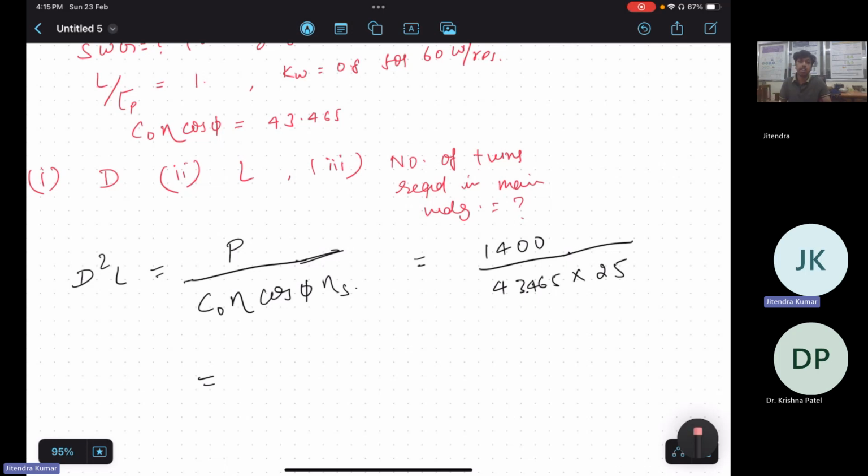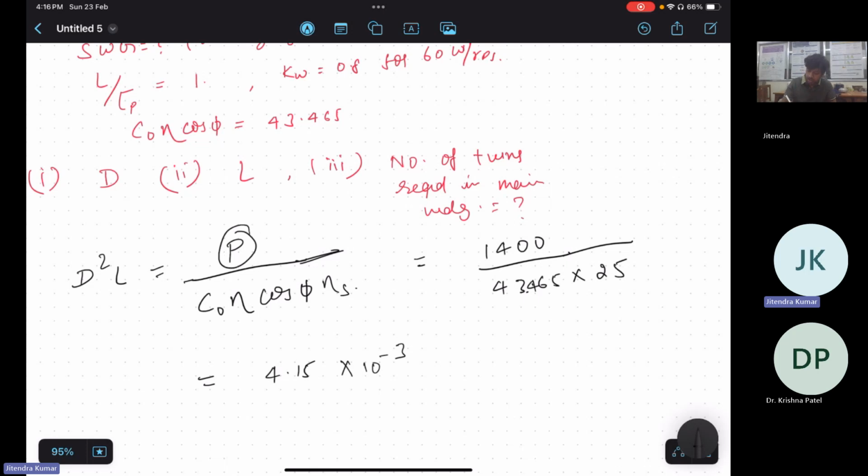You will get this value as 1.38 into 10 raised to power minus 3. Why 10 raised to power minus 3?